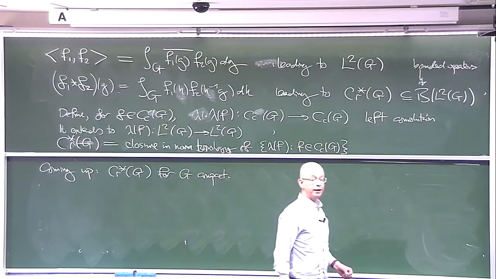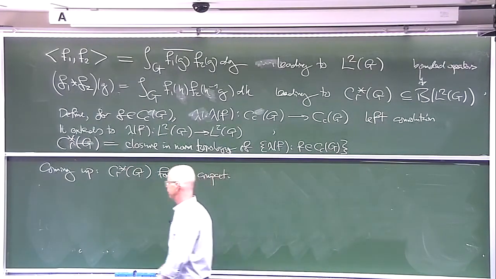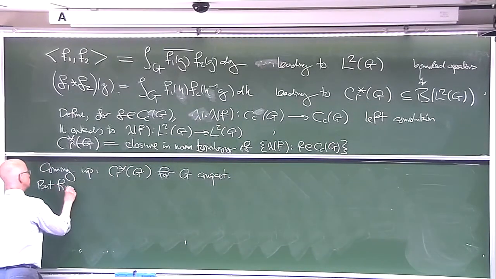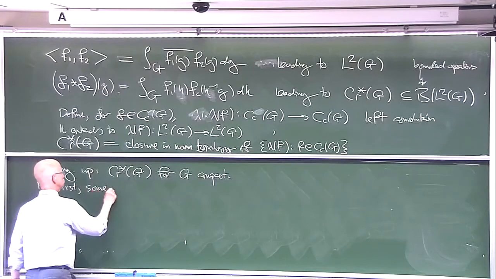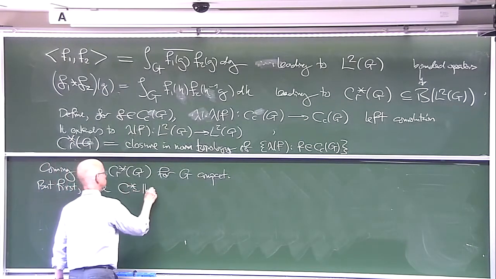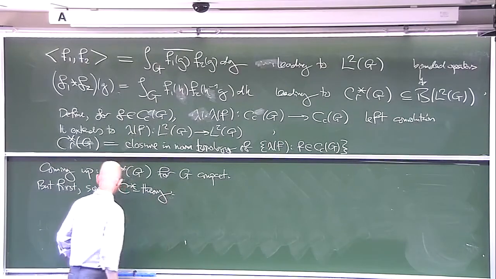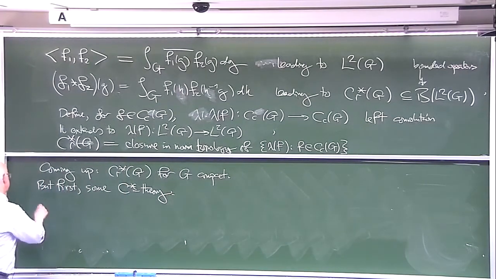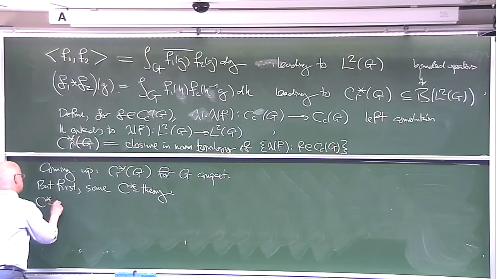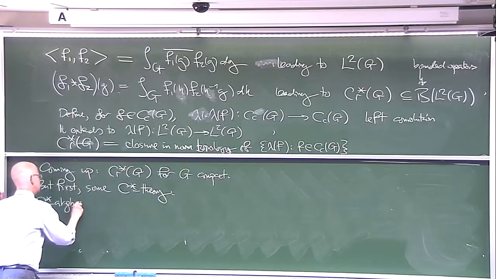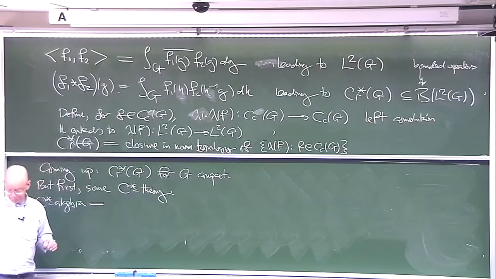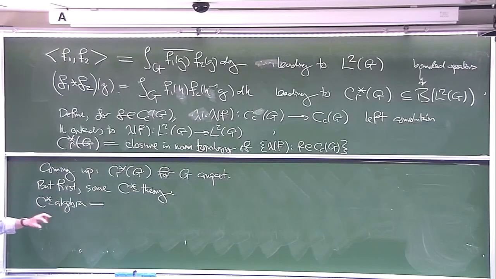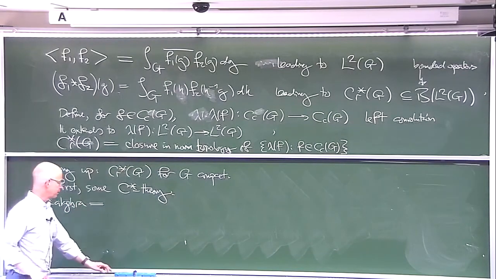But before I do that, let me just say a few words about C-star algebras, which will be helpful. So first of all, in case you don't know by now, since over the last 50 years I think this has become a standard topic in mathematics education.